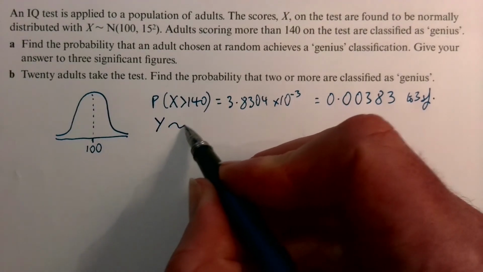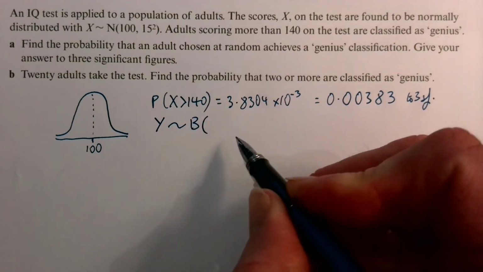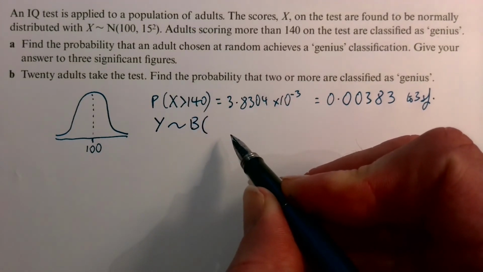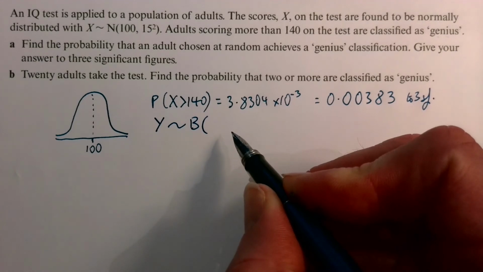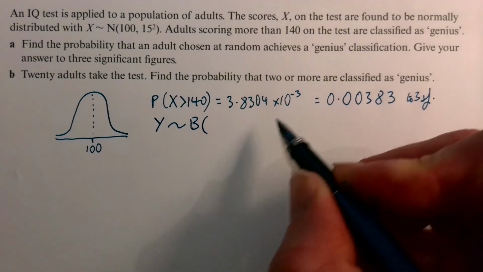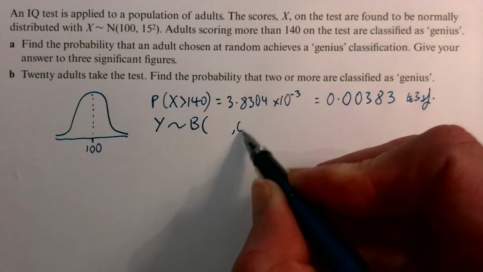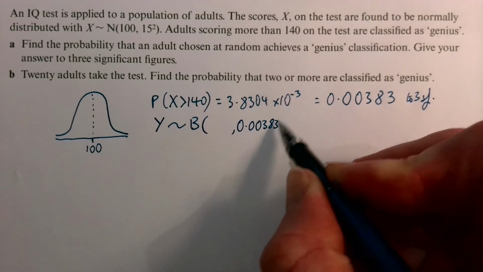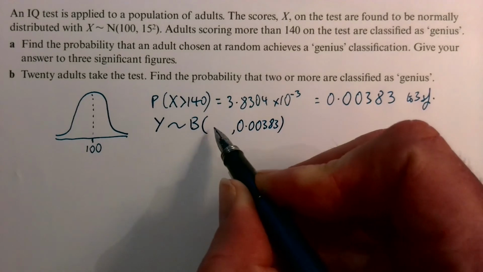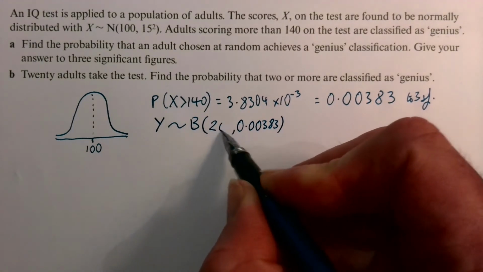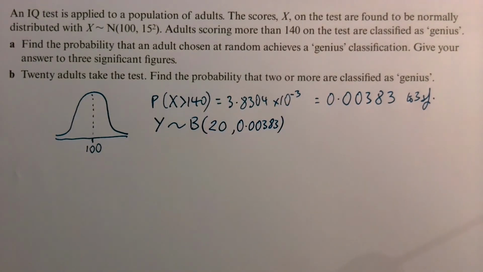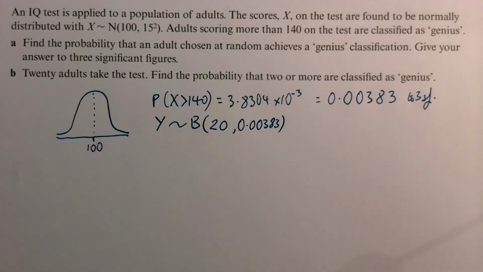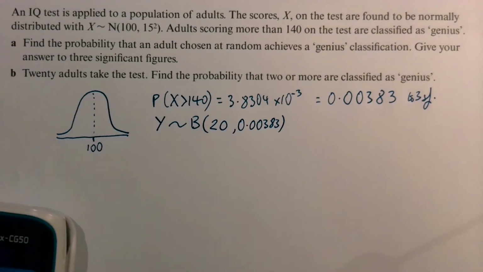So we can say that we've got a binomial distribution where our probability is 0.00383, and the number of tests are going to be 20. So what's the probability that there are 2 of you in the same room of 20 people?